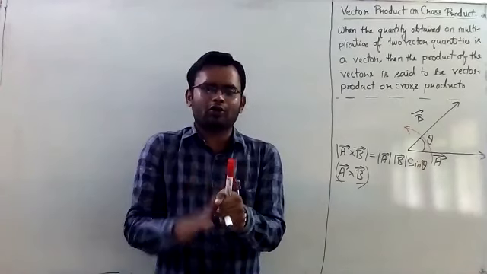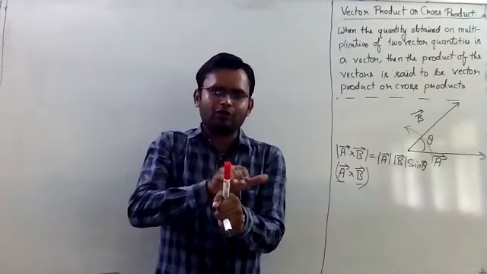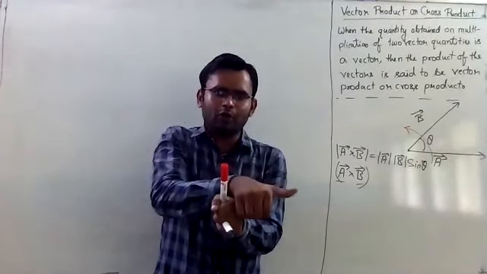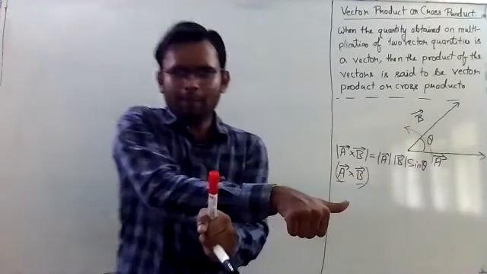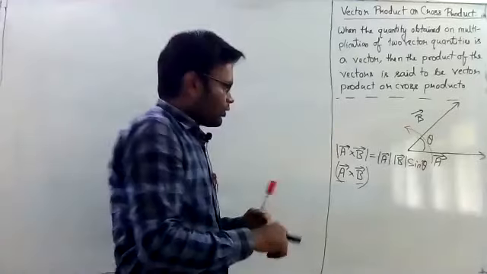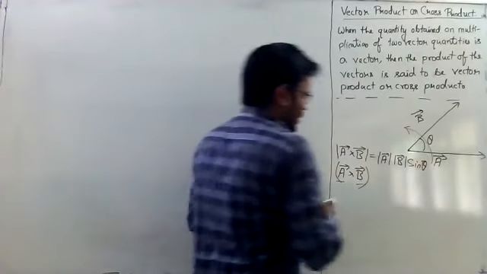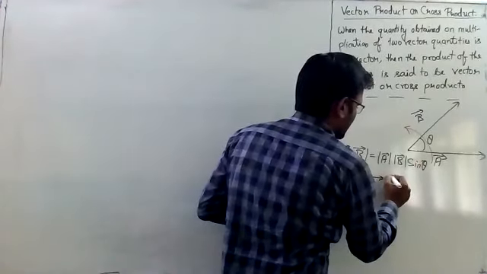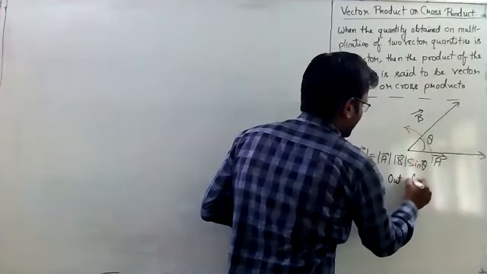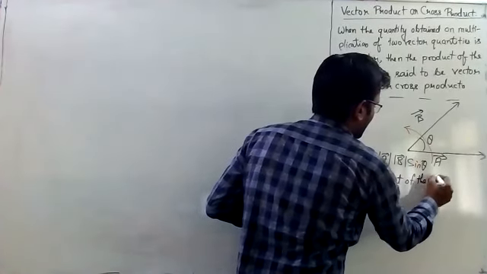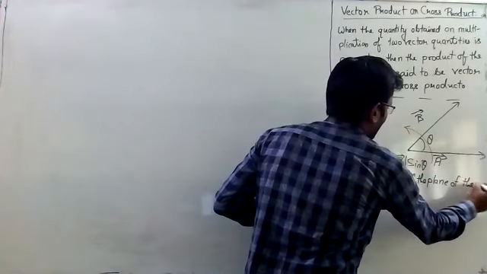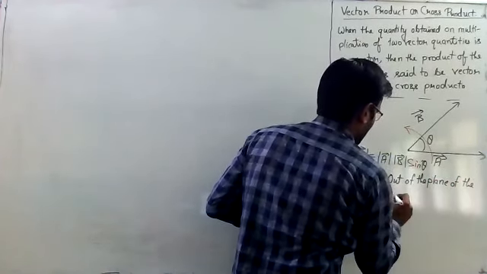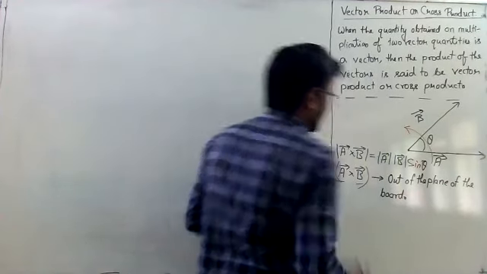If I take B cross A, then I will curl my fingers from B to A, and this will indicate the direction of B cross A. So what is the direction here? A cross B is out of the plane of the board.